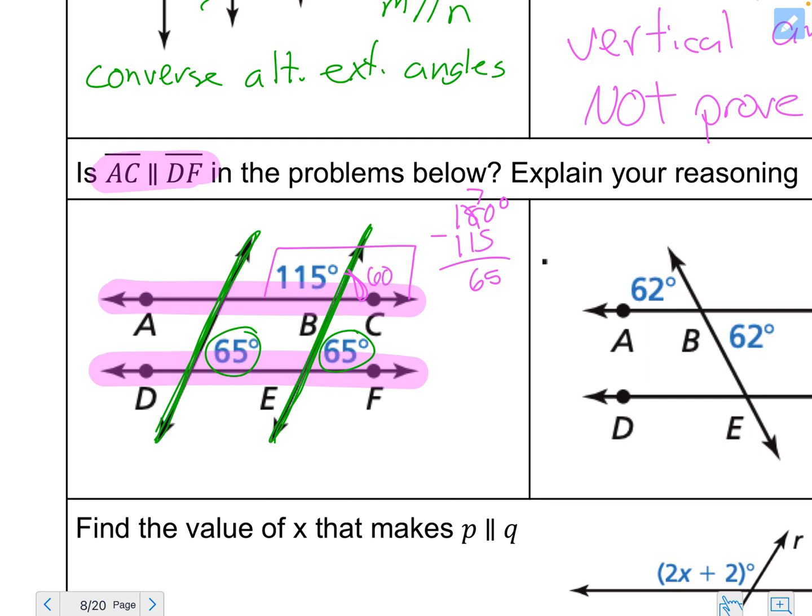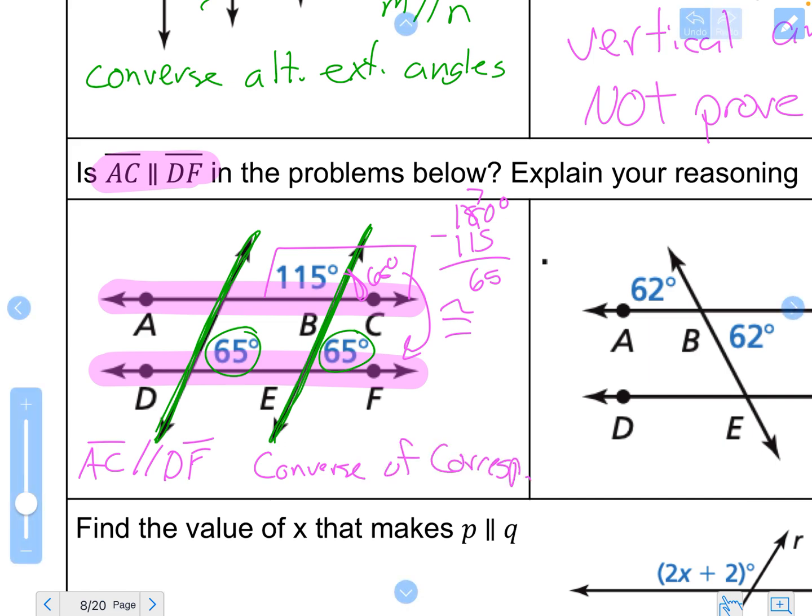And so we know that this is 65 degrees. Once we've done that math, and we've proved that angle is 65 and we know that these two are congruent, then yes, AC is parallel to DF because of our converse of corresponding angles.